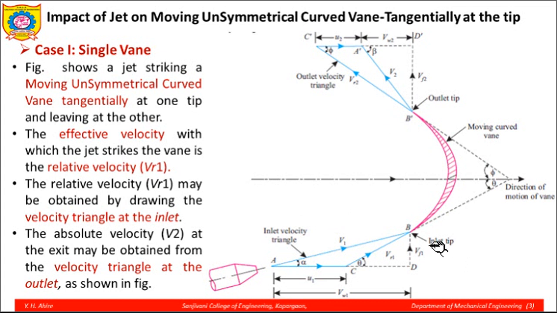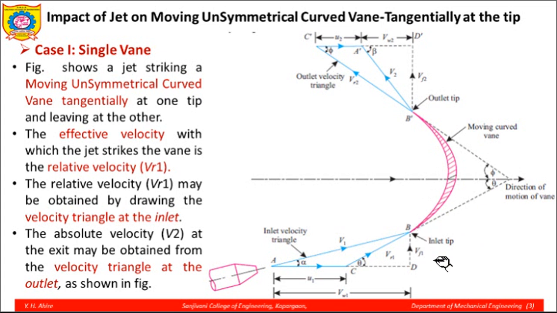Further, Vf1 is defined as the velocity of flow. Here we have velocity of flow Vf1, and Vf2 is defined as the velocity of flow at the outlet. Vf1 is nothing but a component of V1, and it is perpendicular to the direction of motion of the vane.